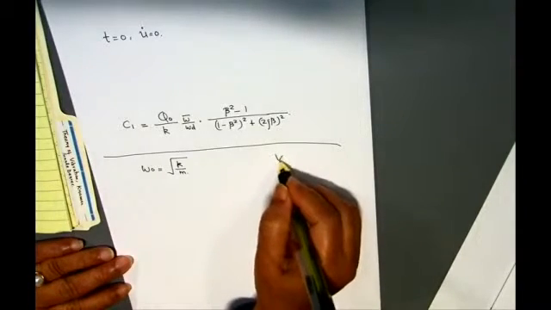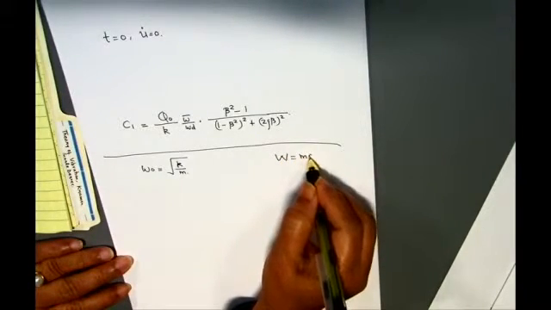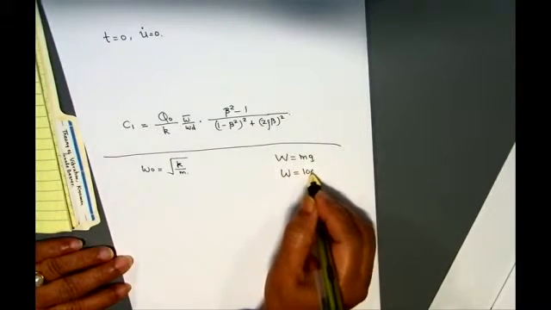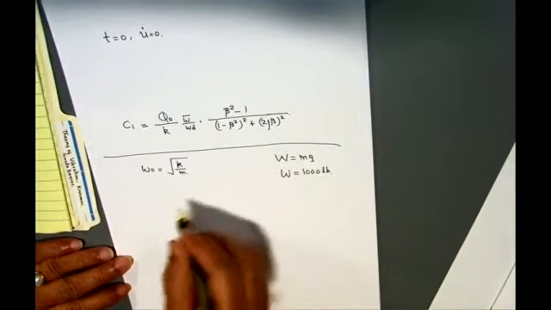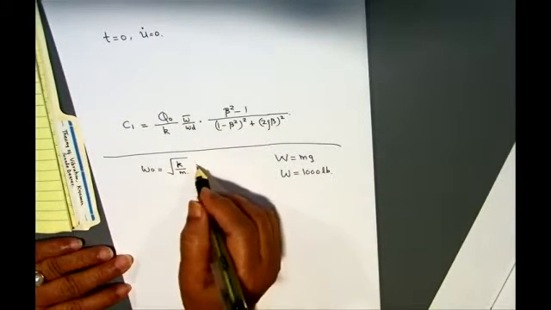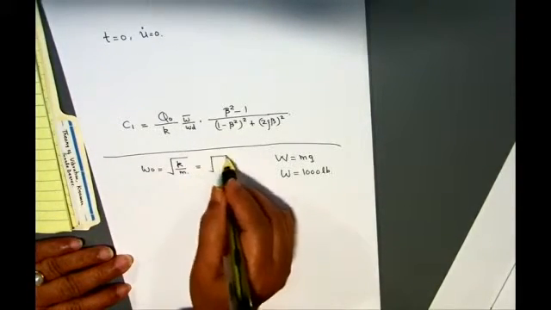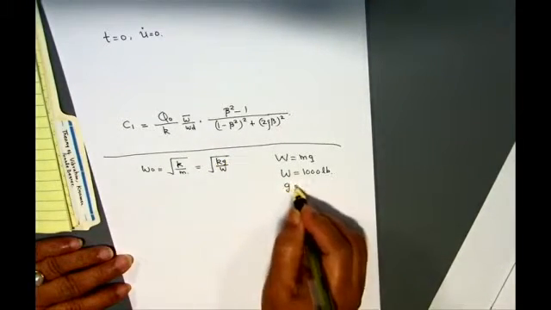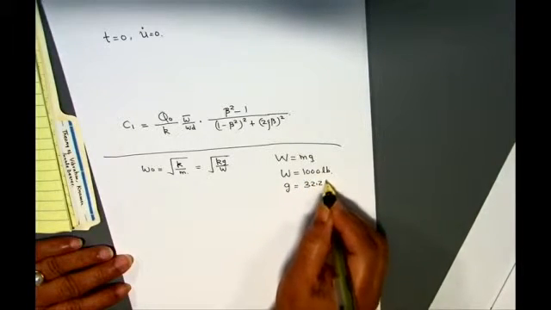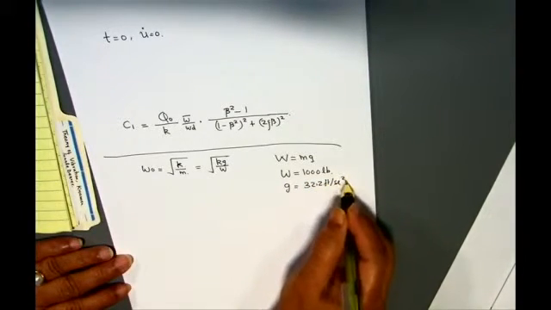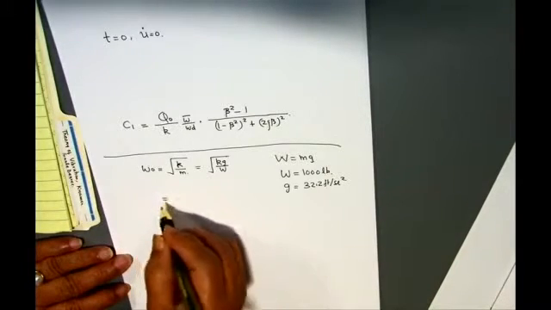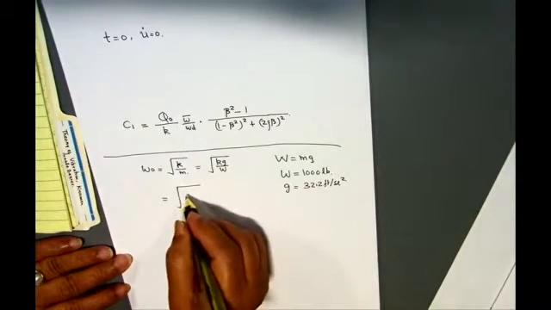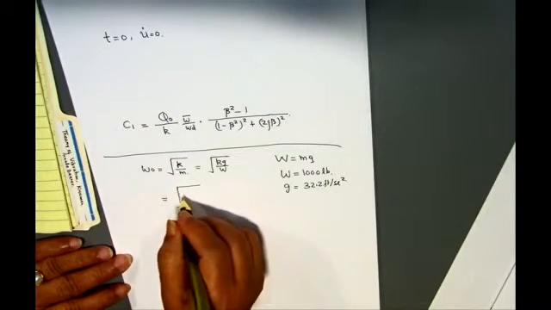We know the weight is equal to mass times g, and we are given the weight as 1000 pound, with g at 32.2 feet per second square. It will be consistent with units, and we are given stiffness in pound per inch, so we need to convert that.